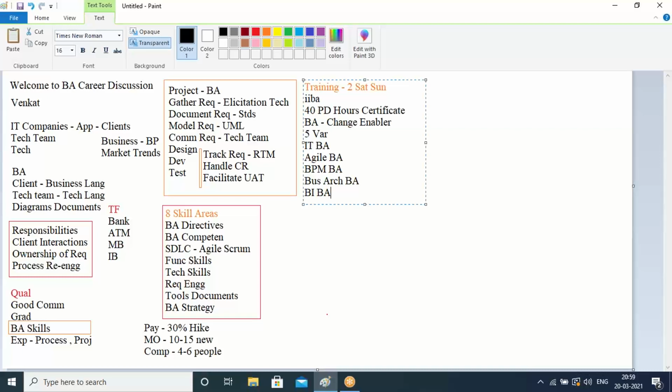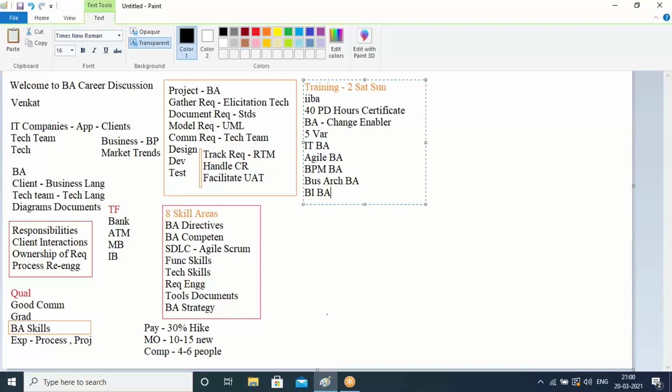Business process management business analysis. You work in a process and you strive to improve the process, that comes under business process management business analysis. And next is business architecture business analysis. Business architecture business analysis means, suppose in your company a new vertical is proposed and the process is new.